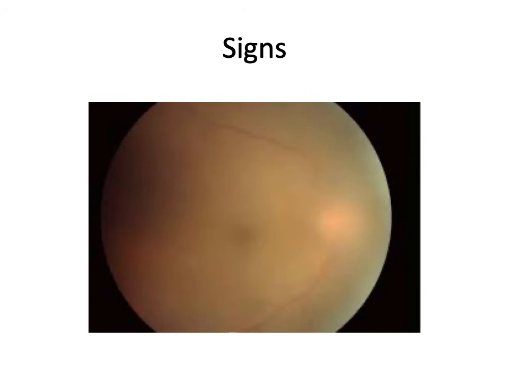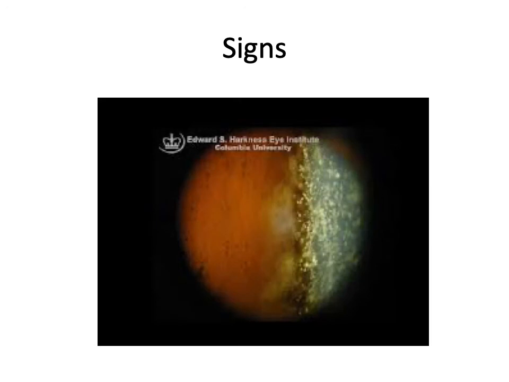According to the signs, starting by this sign, it is turbid vitreous, which is called vitreous haze or vitritis. Another sign, the presence of multiple inflammatory cells at the anterior vitreous.